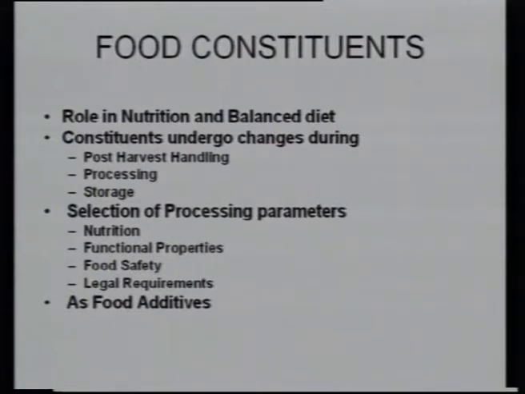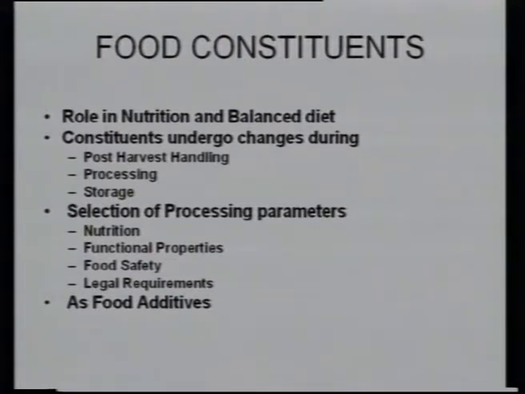So up to what temperature and time combination should you heat it so that vitamin losses are minimum? Similarly, for selection of the processing parameters, we need to know the constituents. So from the nutritional point of view, for functional properties, for food safety and for legal requirements, if we want to know the processing parameters, then knowledge of food constituents is a must.